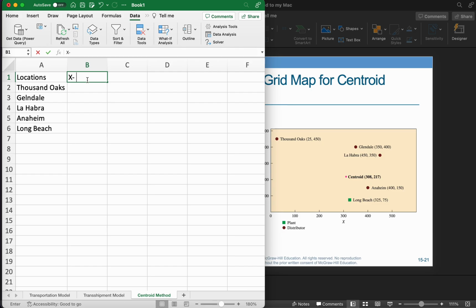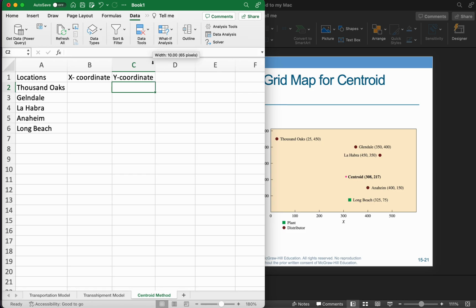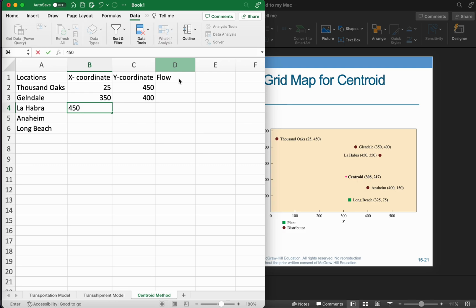Then we have the x coordinate, the y coordinate, and the flow. Let's begin with Thousand Oaks: this is 25, this is 450. Glendale is 350, 400. La Habra is 450, 350.